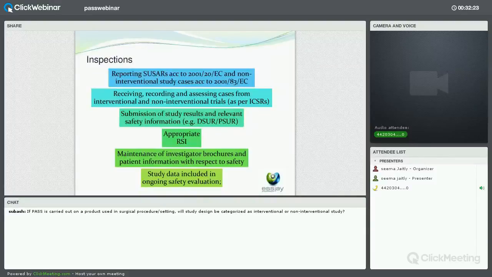So I don't think it's the setting, it's more the decisions that are made beforehand that would dictate whether that's a post-authorization safety study or not. And the safety bit is important because, again, I would assume that there's a safety element there where the focus is on safety rather than an efficacy study. I hope that answered your question?